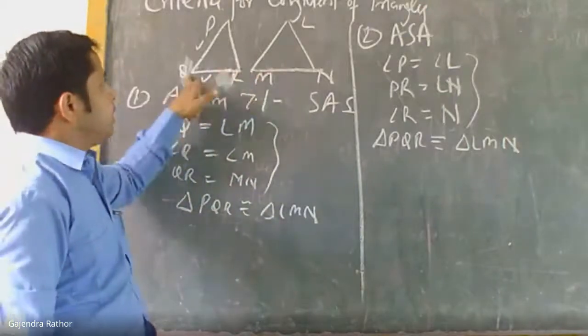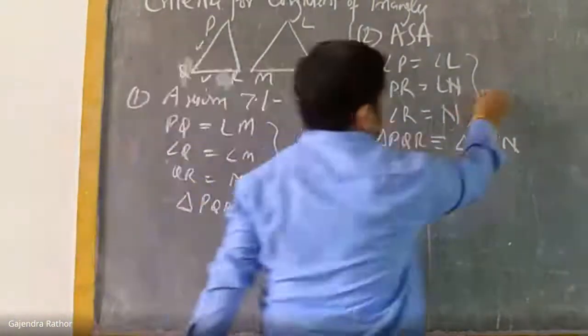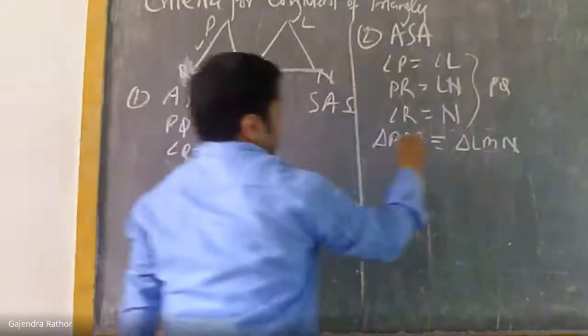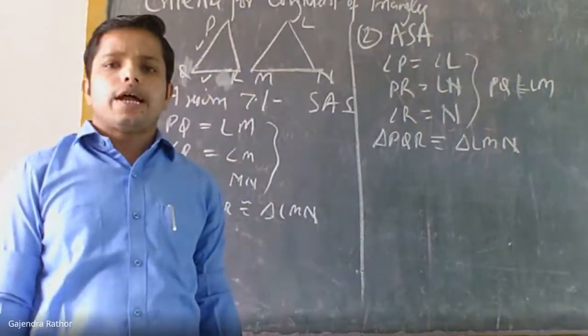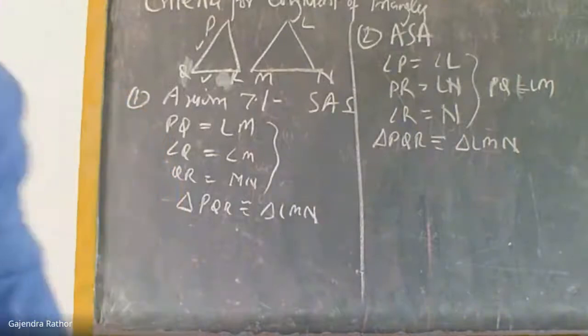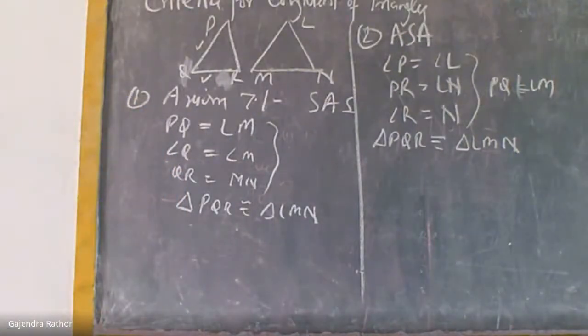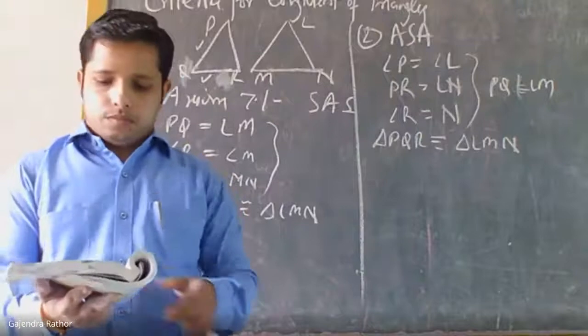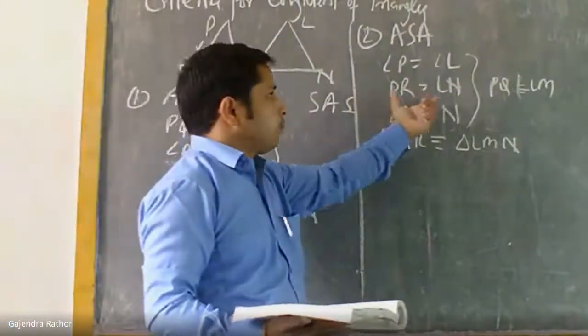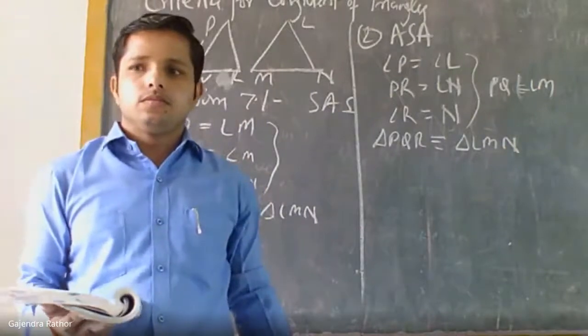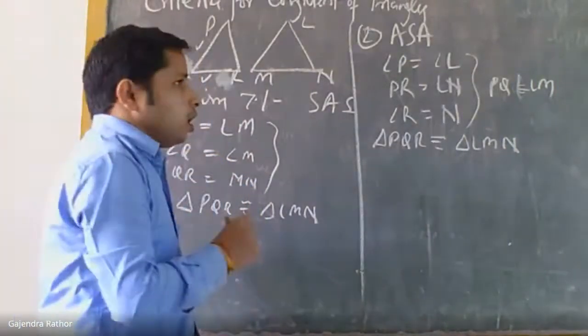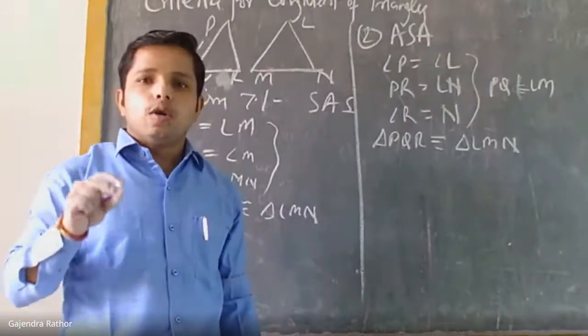If I take side PQ equal to LN in place of PR equal to LN, is this correct according to this second criterion? No, it is not correct, because we have to select the side which is included by the angles.